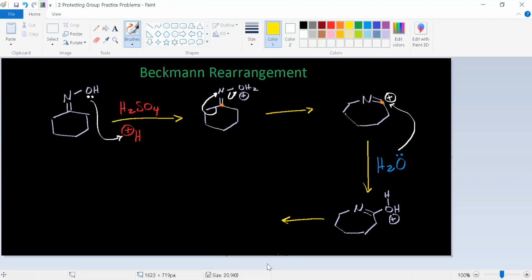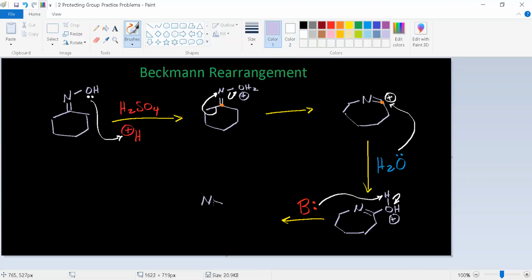Now we should satisfy the charge on that oxygen. We could suggest another water molecule comes, or the conjugate base of sulfuric acid, or whatever it was that was floating around. So I'm going to just write a capital B with some electrons next to it, and let that act as my base here, giving those electrons back to the oxygen.